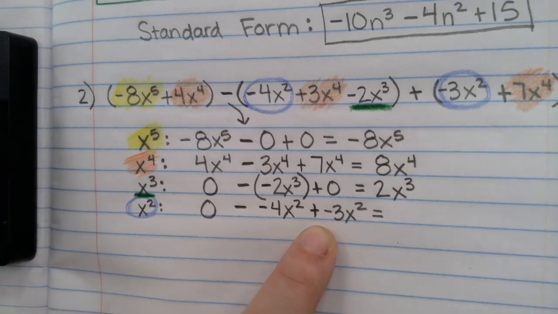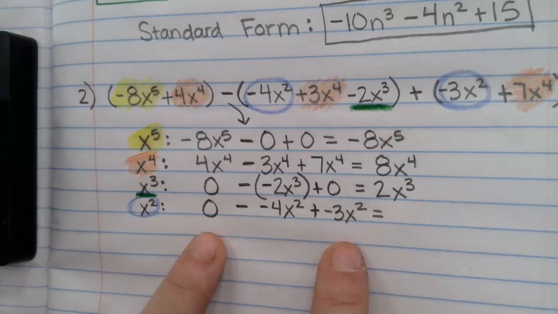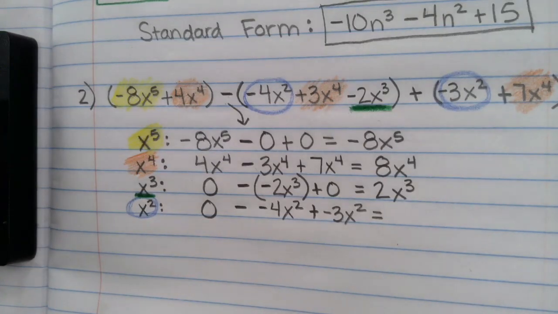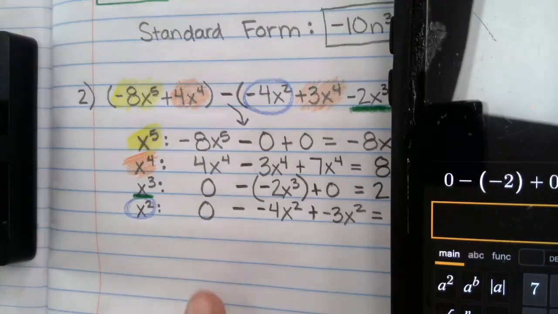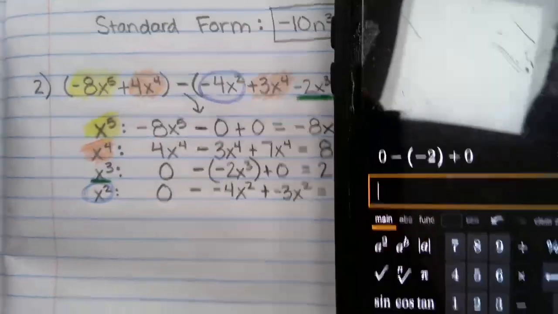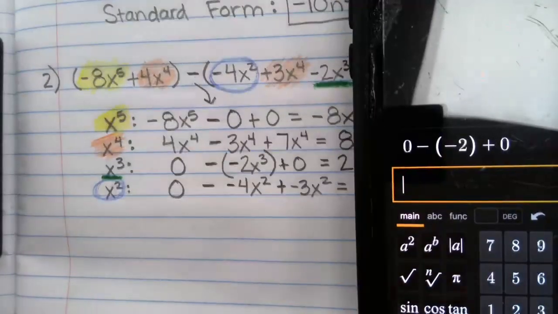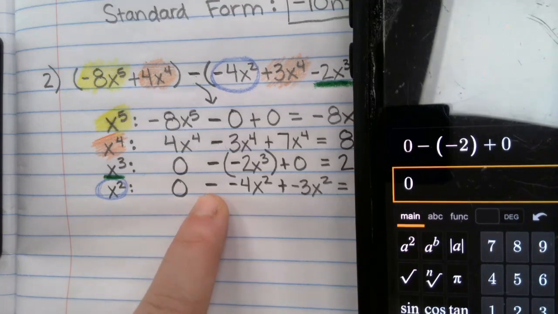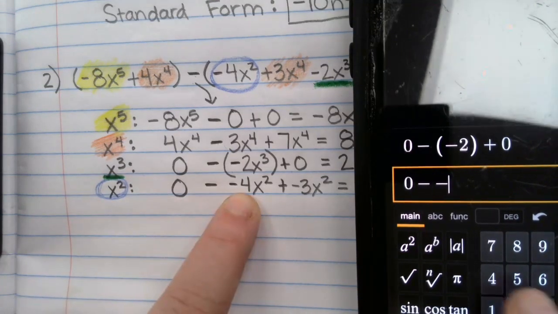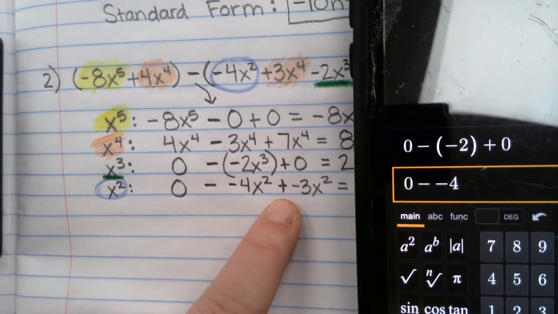If you're putting this in your calculator, remember if you put in those x squareds, your calculator will be like, what's happening? So we got to be smarter than our calculator. Which parts of this problem would I actually put in? 0, 4, 3. Good, the coefficients, the numbers in front. So I'm going to start with 0 minus negative 4 plus negative 3.